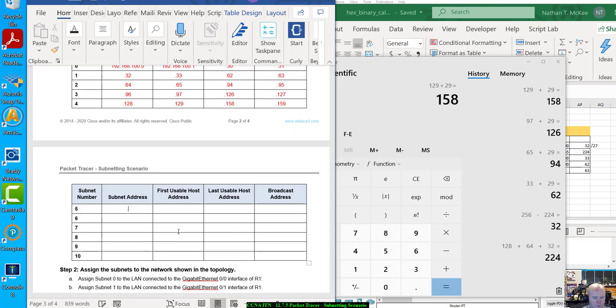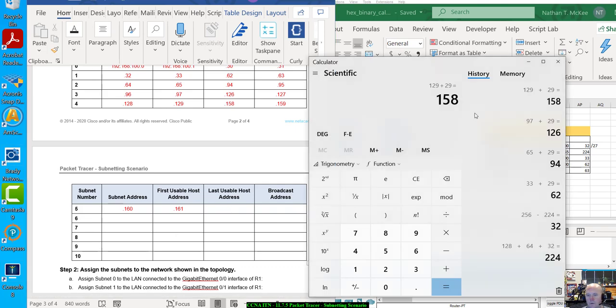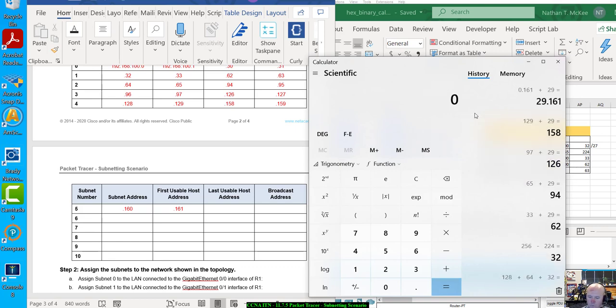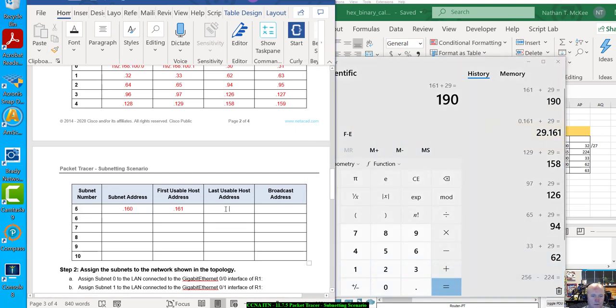All right, .160. All right, .161. .161 plus 29 more, .190, .191.